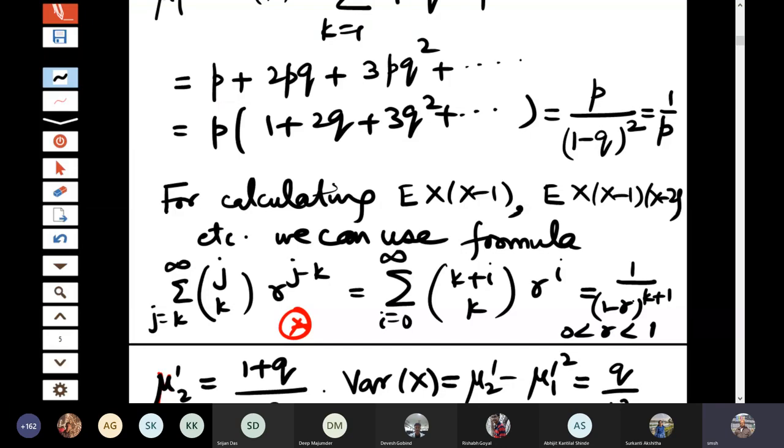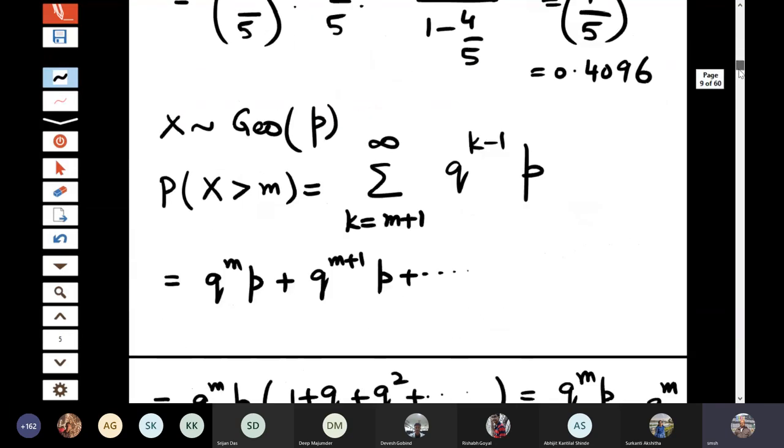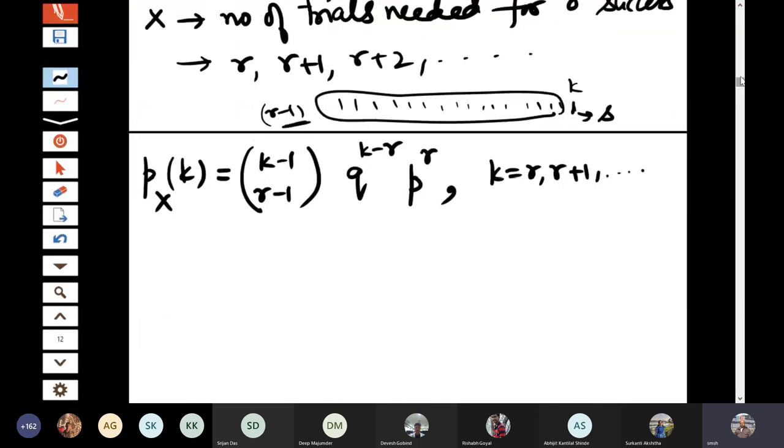This same formula will be utilized for finding the sum of the negative binomial distribution or calculation of the moments. So I will not be doing the calculations here. Let me just write it here. So mu1 prime is the expectation of x. This will become r by p.